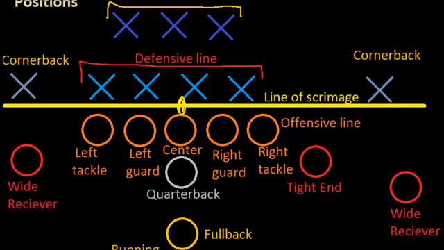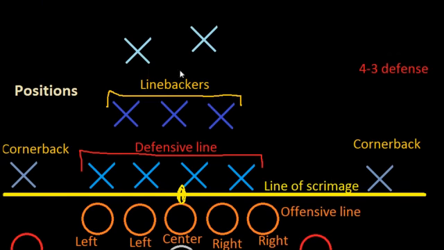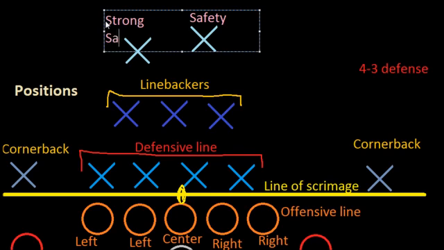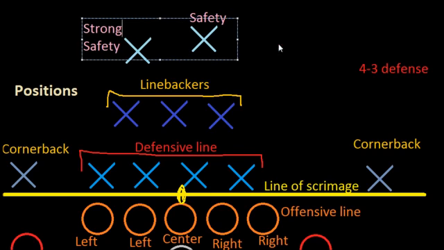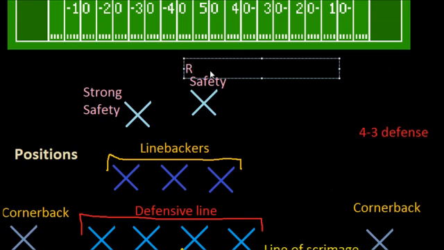And then these 2 guys back here, usually pretty fast guys, these are the safeties. Sometimes you'll have what is called a strong safety, and the other guy will be what is known as a free safety.